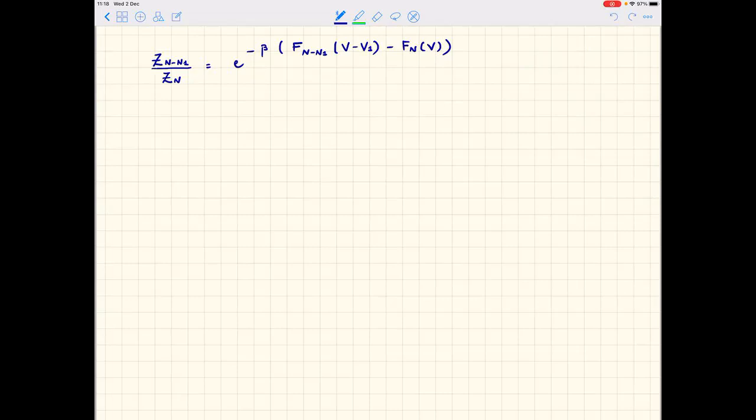Okay, so now I use the fact that N1 and V1 are much, much smaller than N and V, and therefore I can do a Taylor expansion here in N1 and V1. And I will get e to the beta, N1 dF/dN plus V1 dF/dV.